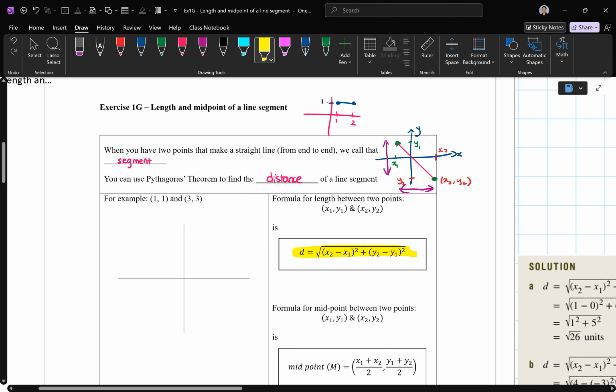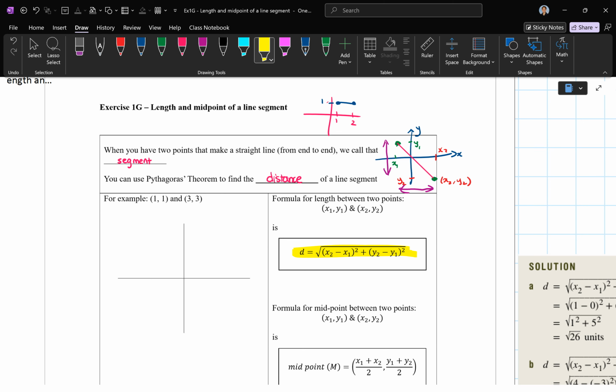X2 minus X1, what does that mean? It just means find the horizontal distance. X2 minus X1, how far are these 2 points? Square it, which I'll tell you why we square it later, plus y2 minus y1 really just means find the distance vertically, and then you square it.